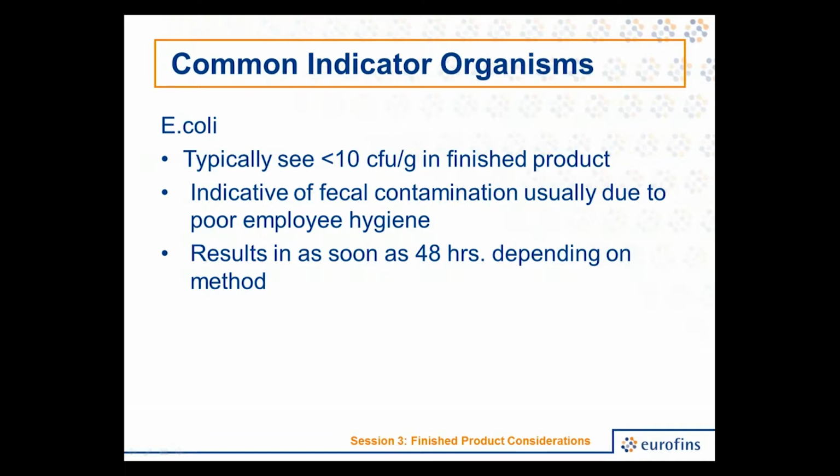What sets this organism apart from the other two is that it's usually indicative of fecal contamination, usually due to poor employee hygiene, because E. coli is normally found and regularly found in the intestines of warm-blooded mammals, such as humans. So usually high counts of E. coli could be indicative of poor hygiene practices. And we can also get results as soon as 48 hours, depending on the methodologies that we would use.